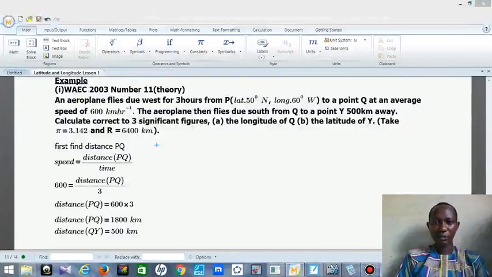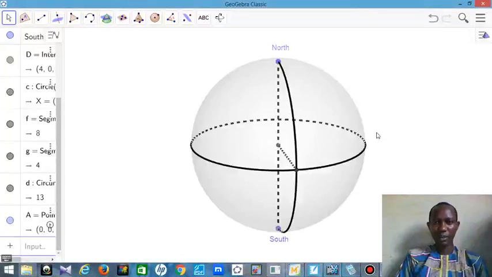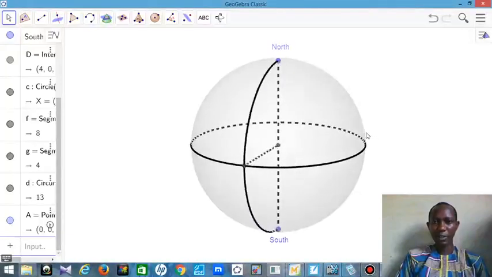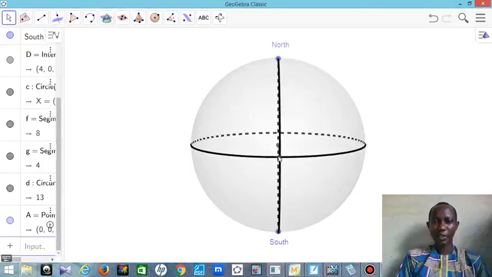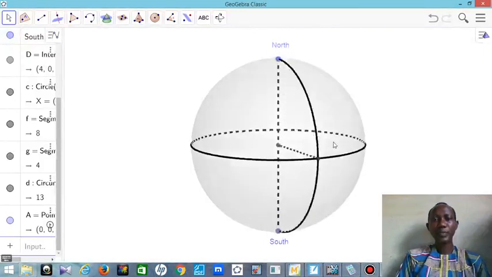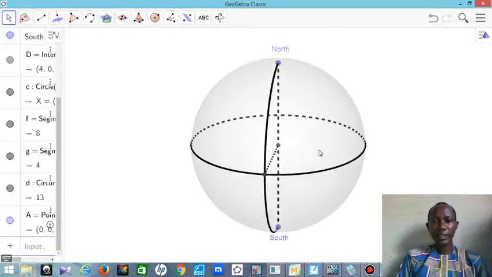Let me just demonstrate it with this three-dimensional view so that you understand it very, very well. So this is your equator. You can see this is your equator. This is your prime meridian. The two of them give you your reference point, 0 degrees. Okay, so this plane started from where?